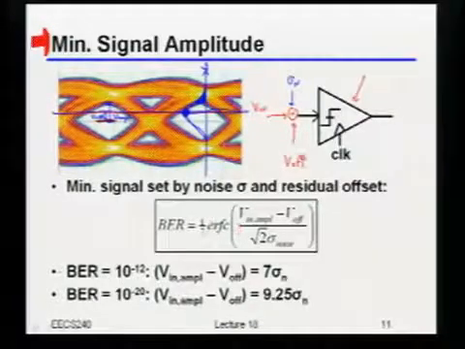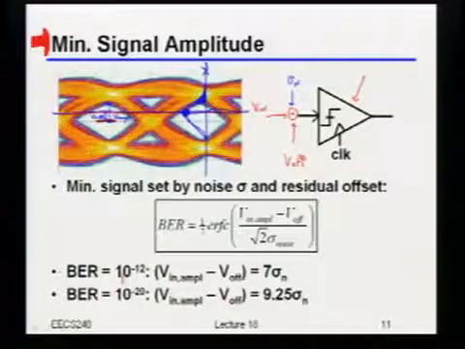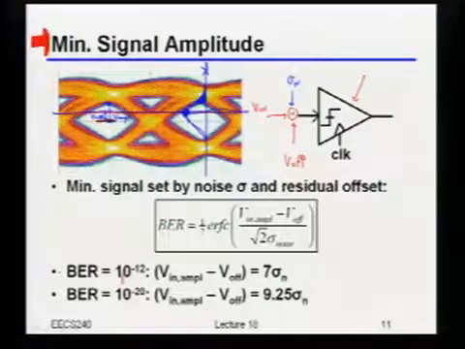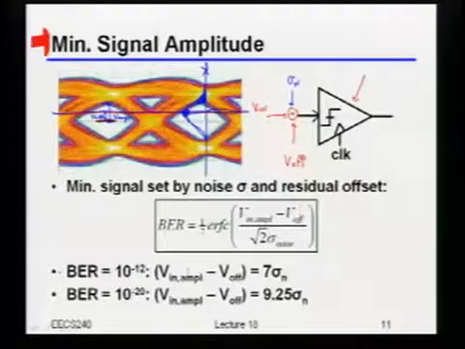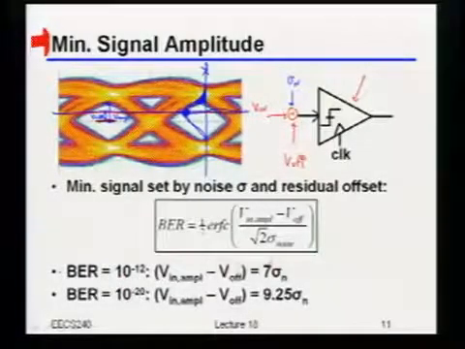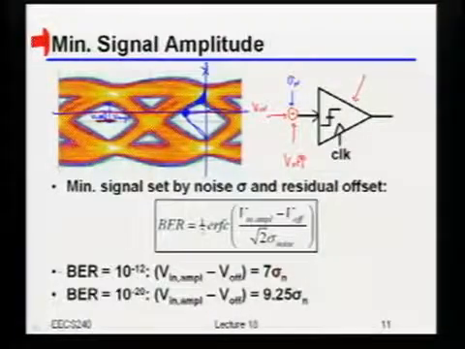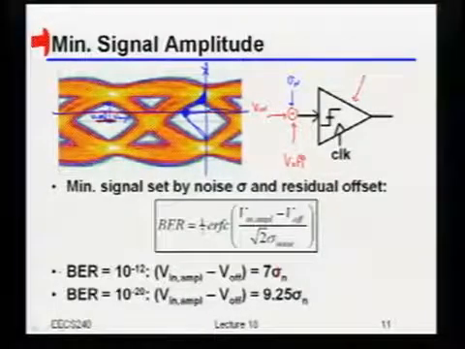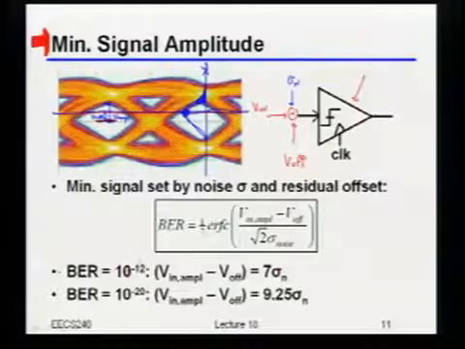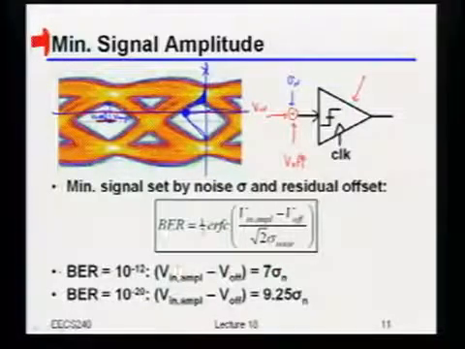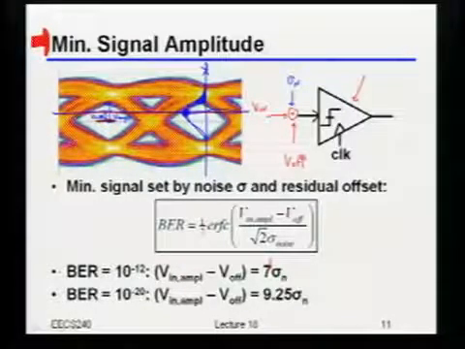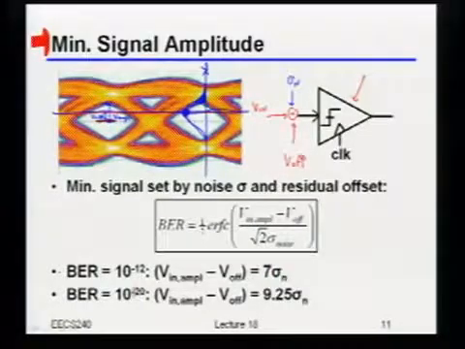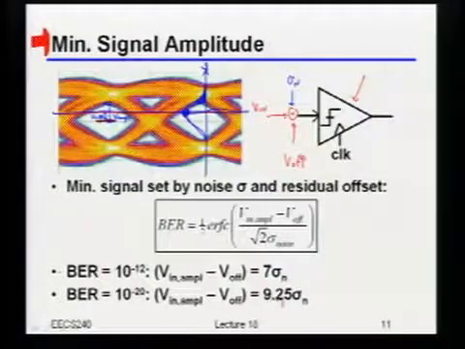If there's a certain bit error rate I want to achieve, I just have to make sure that V in minus V offset is larger than a certain number of sigma of my noise. As an example, if I want 10 to the minus 12, V in minus V offset better be larger than 7 sigma. If I want 10 to the minus 20, it better be larger than 9.25 sigma.